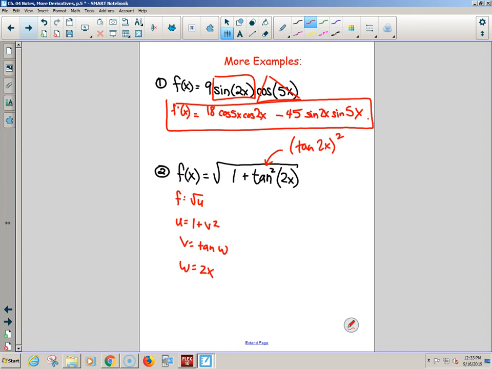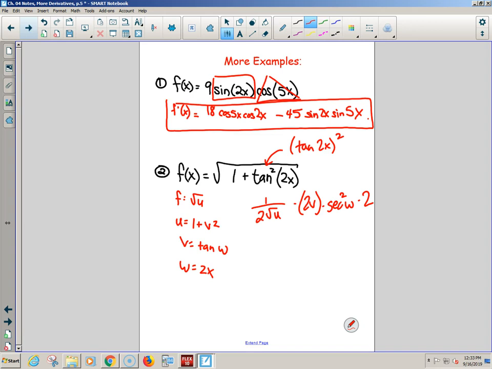But if you just split it up and decompose it right, it's like take derivatives. How do you take derivatives? Well, I need f prime, u prime, v prime, w prime, which is as easy as 1 over 2 root u times 2v times secant squared w times 2. It's as easy as that.